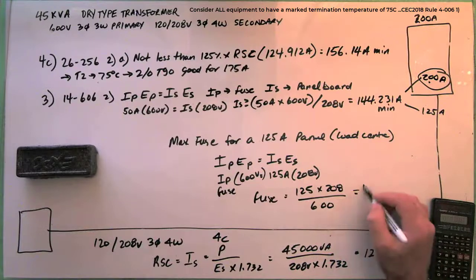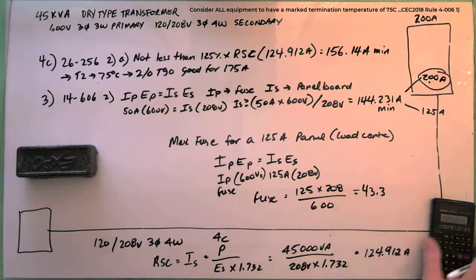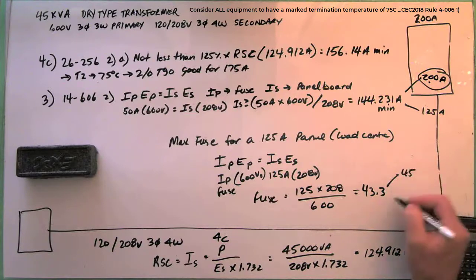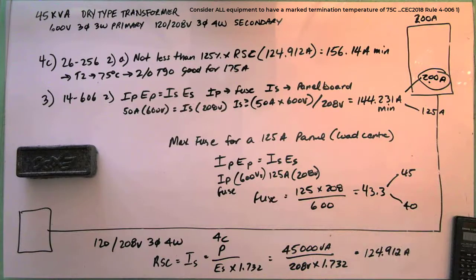43. Here's the question now. Let's see if you know what's going on here. Do I go up to a 45 or down to a 40? You go down to a 40.